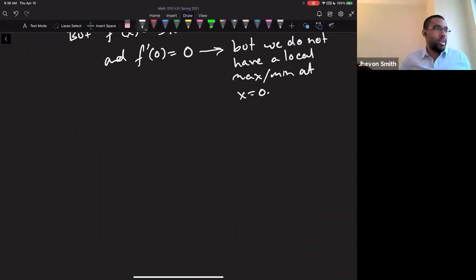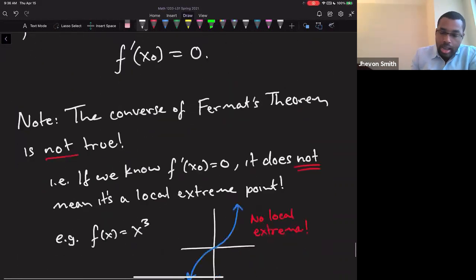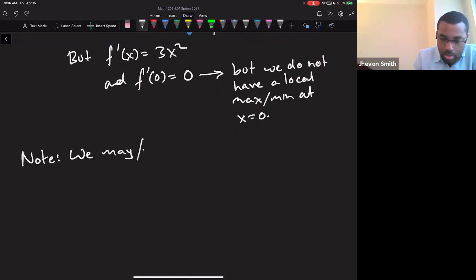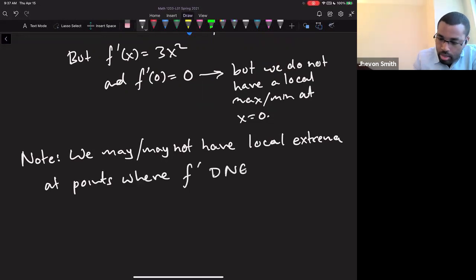There's another thing that's very important about this, and that is in the case where the derivative does not exist. In Fermat's theorem, we assume that the derivative does exist. I want you to make another special note. We may or may not have local extrema at points where f prime does not exist.